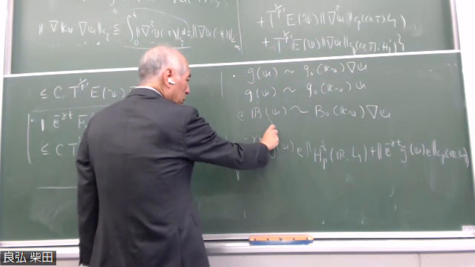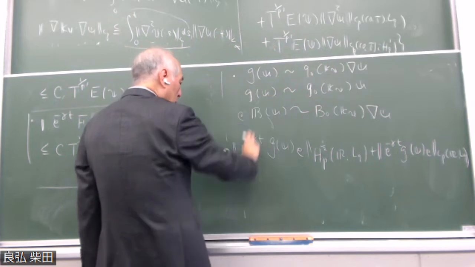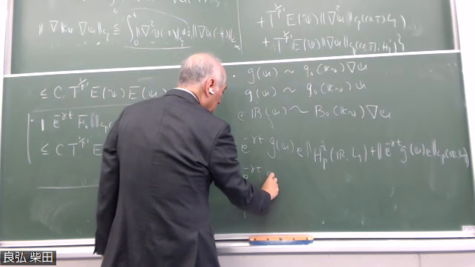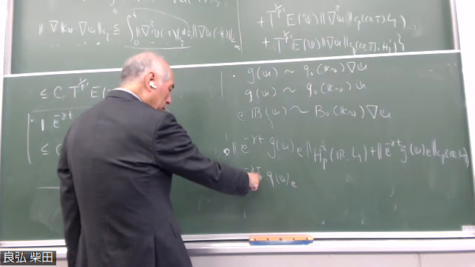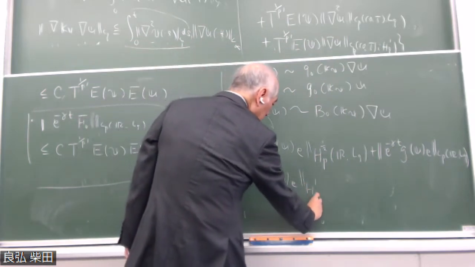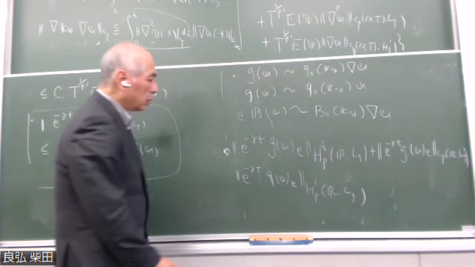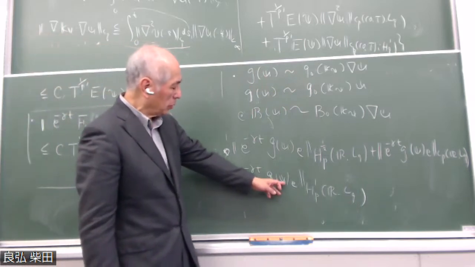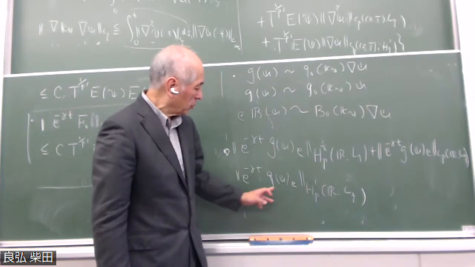It's the boundary of U. We need a suitable extension of the boundary of G of U, and then we take H1. Therefore, for the boundary G of U, you have to use the first derivative in time.